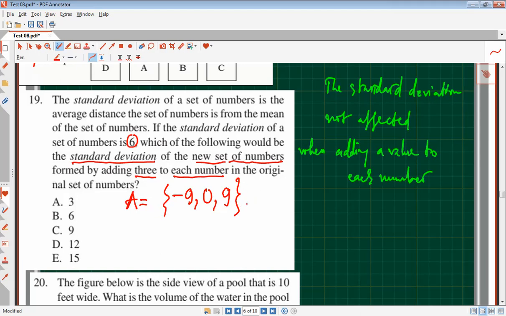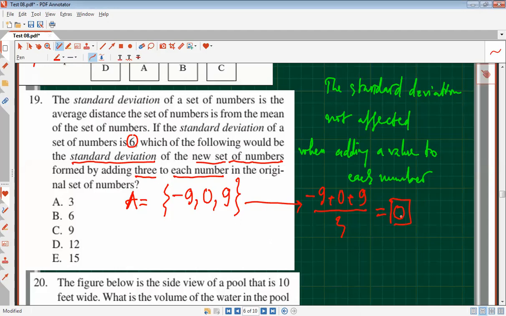The mean of these 3 numbers is -9 plus 0 plus 9 divided by number 3, that is 0. We can see that the distance from -9 to the mean 0 is 9 units. 0 to 0, the distance is 0.